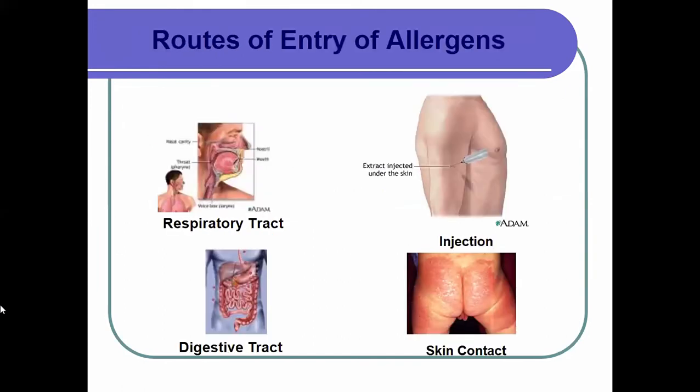Okay, so these are the different entries of allergens into our body. The most common is respiratory tract. Itong mga makakabaho, like for example, itong para ira mahamot pero hai mo bagan offensive baho, di ba?